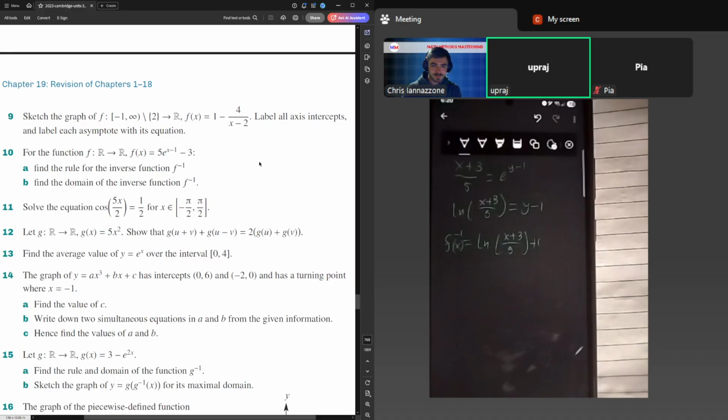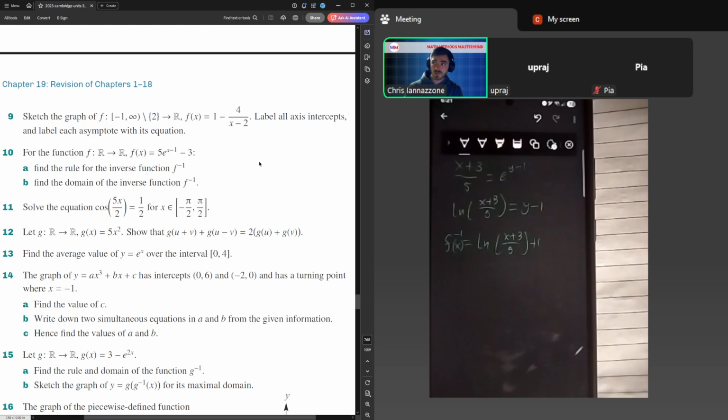Chris, I'm not sure if this is right, but do we swap the range of the original function with the domain of the new function of the inverse? Say that one again, sorry. It is swapping. Let me just hear that again. So do we swap the range of the original function with the domain of the inverse?